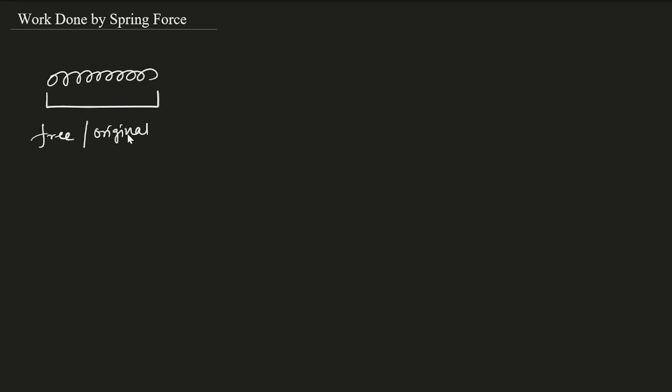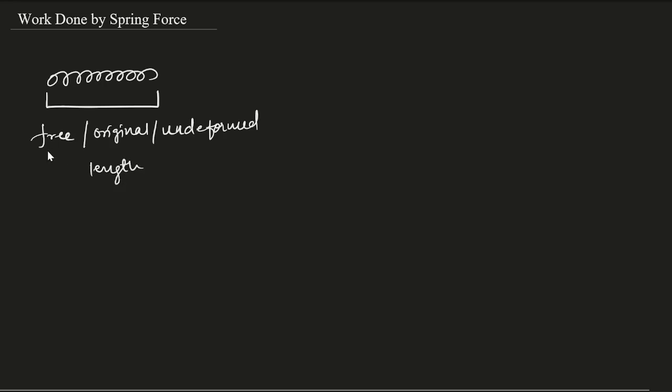Or else we can call it an undeformed spring, undeformed length as well. So in a question you can have these many words. Whenever we have free, original, undeformed, that means the initial length of the spring.